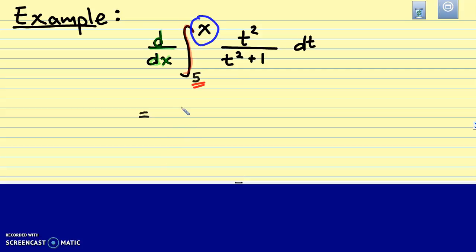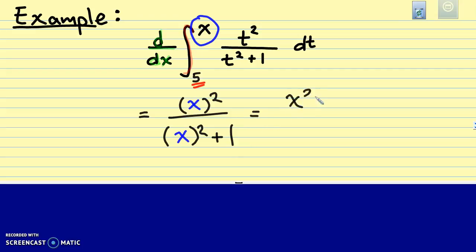So instead of t's, I'm going to change those with x's. So we have that, or in other words, it's just x squared over x squared plus 1.